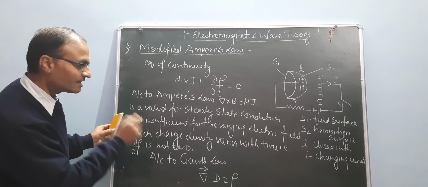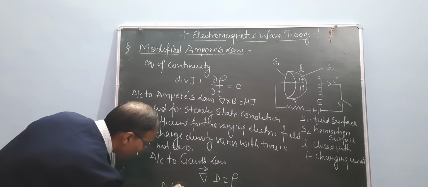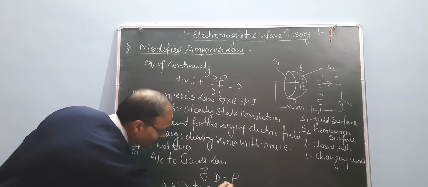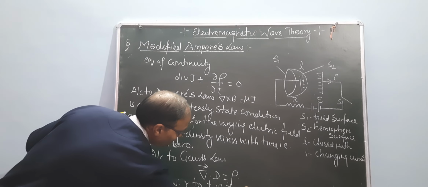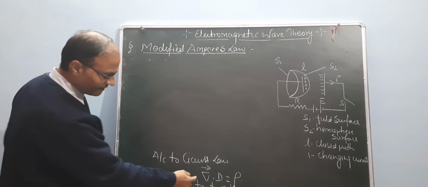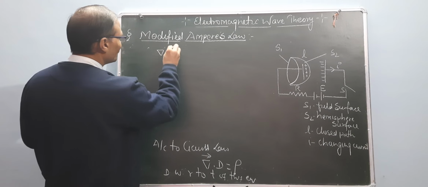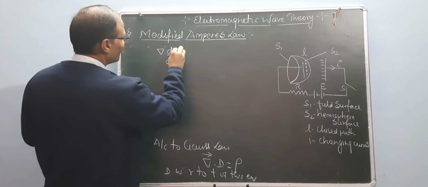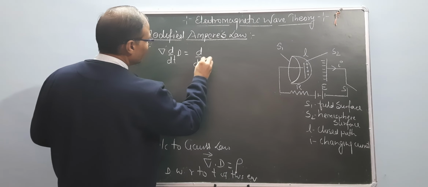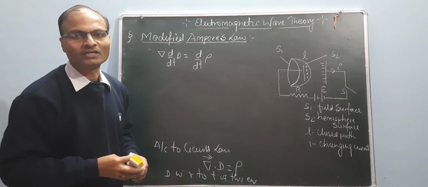If we differentiate this equation with respect to time, we get del over del t of del dot D equal to del rho over del t. This is the differentiation of Gauss law.